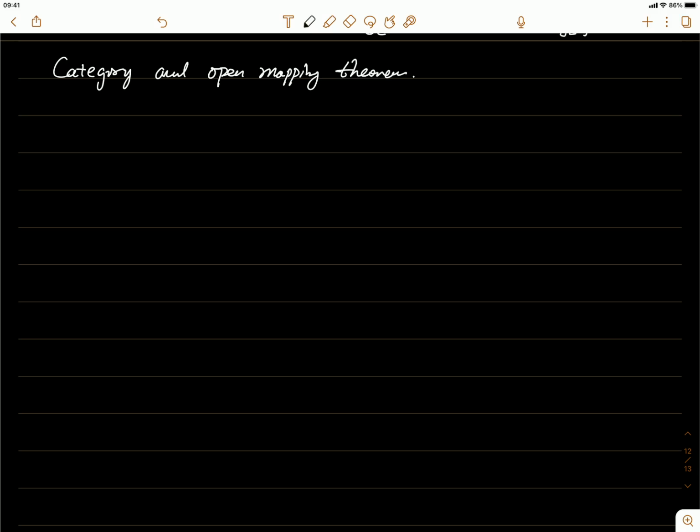So we first give some interesting definitions. Let's say that (X, d) is a complete metric space. Essentially, let it be a metric space.